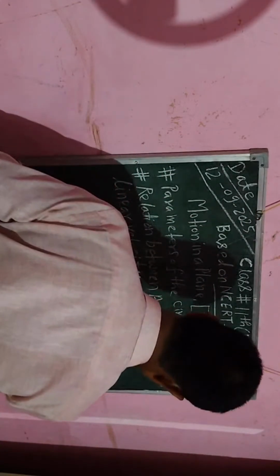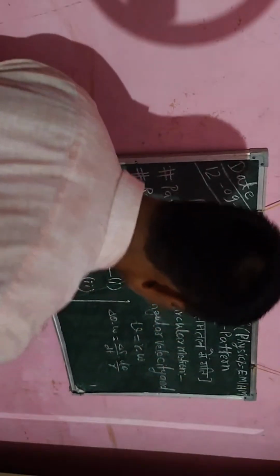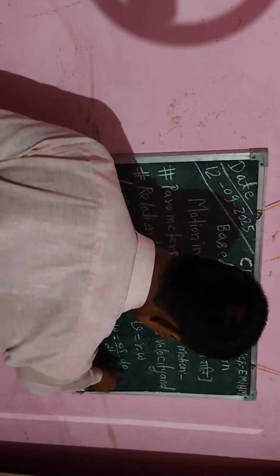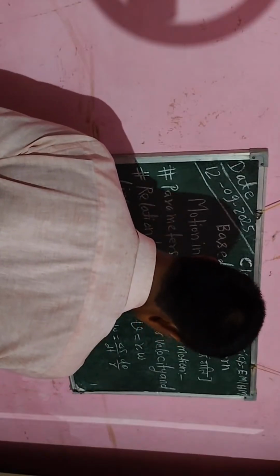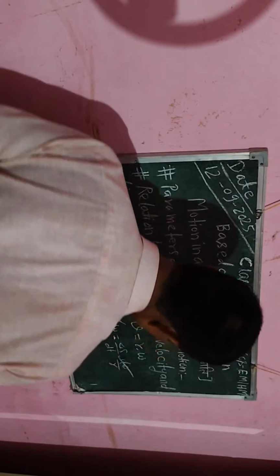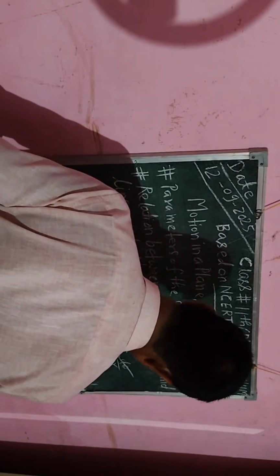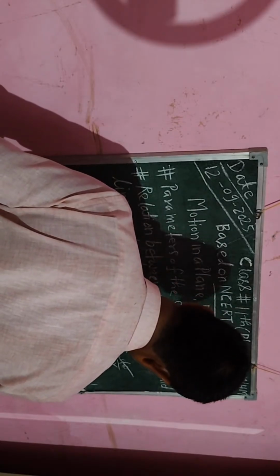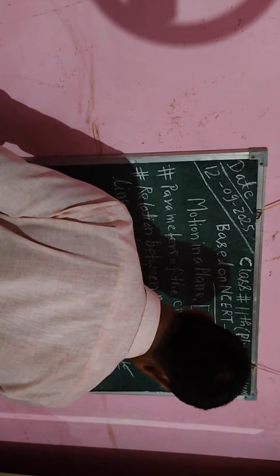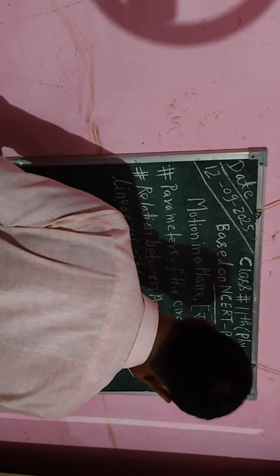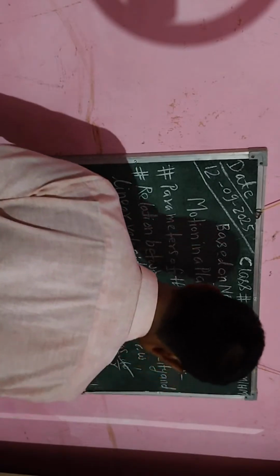Delta theta and d theta both have the same meaning, so this term and this term will be cancelled out. So here I write r is equal to delta s divided by delta t into 1 divided by r.